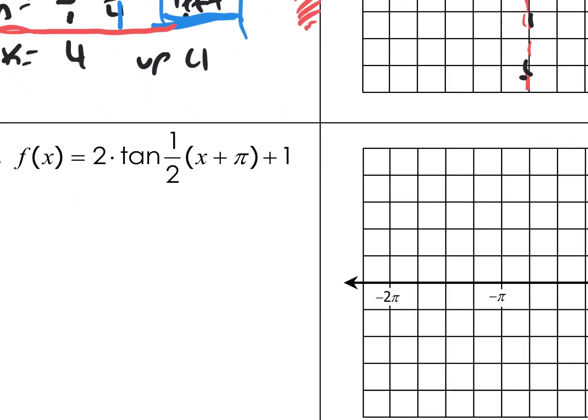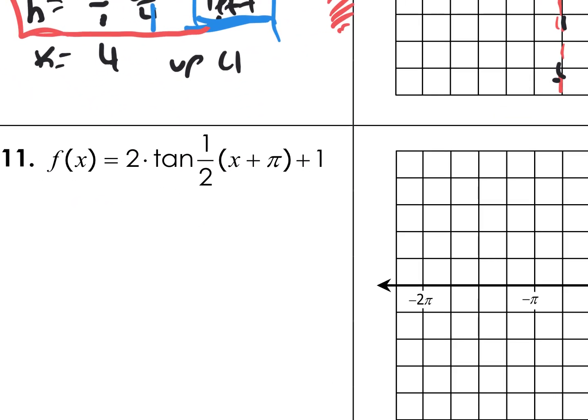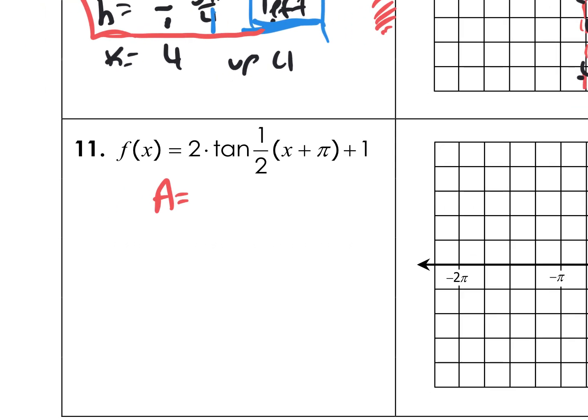All right. What's happening here? What's my amplitude? What number is that? 11? It's the last one on the page. No, there's none. That just means a vertical stretch. That's all it means. What's my B?